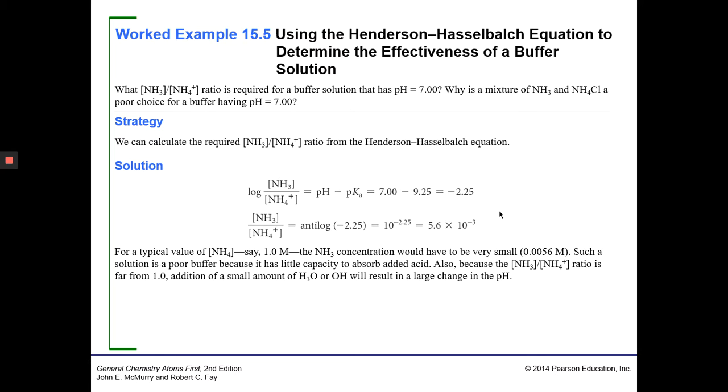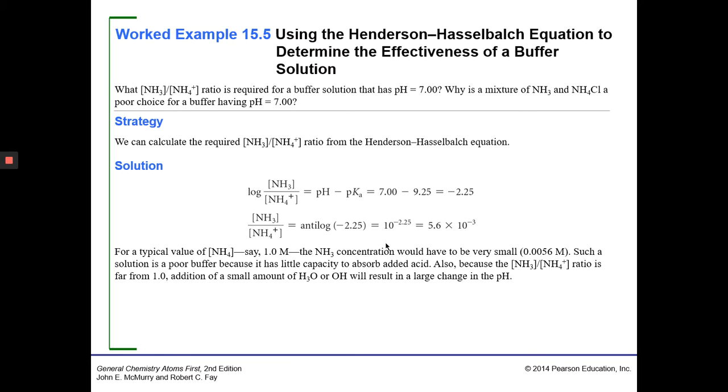Okay, so that tells us that this ratio is very small, and this would be a really poor buffer. It would have little capacity to absorb added acid or base. And this ratio is far from 1, which is the ideal.